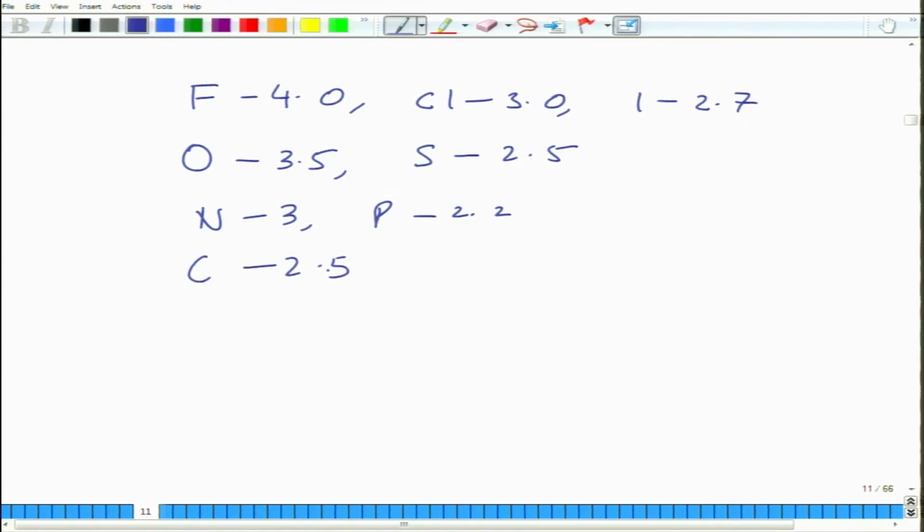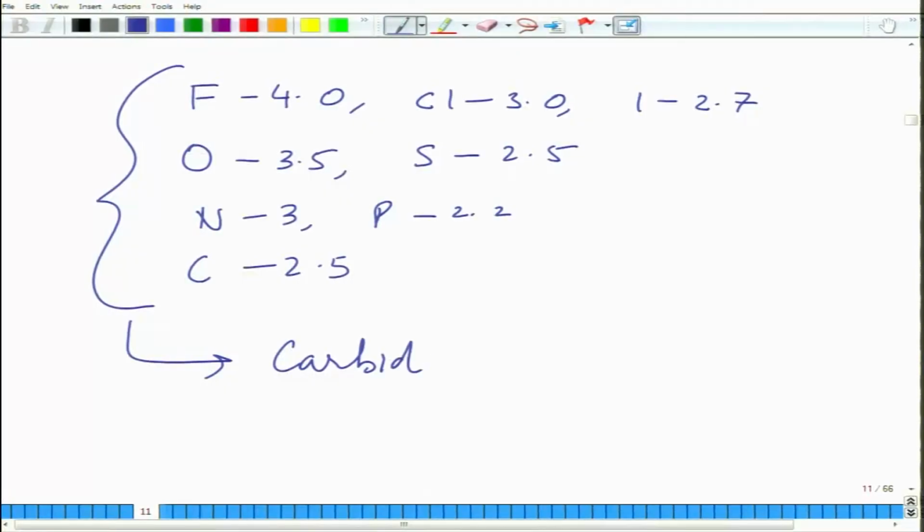These are strongly electronegative, and these elements make compounds. That is why you see in nature a lot of things appear as carbides, nitrides, oxides, sulfides, iodides, chlorides, because these elements are ready to react with other elements in order to take their electrons.